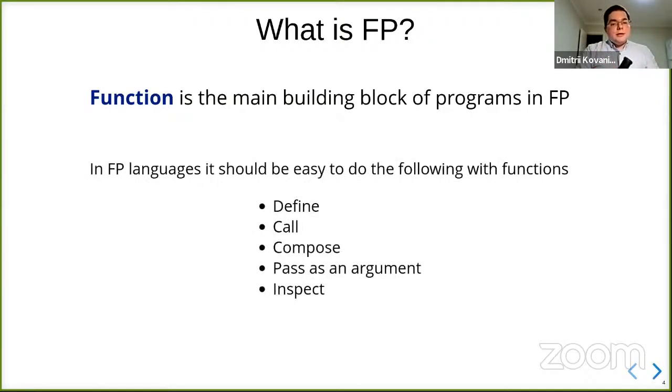What it means is that in functional programming languages, it should be as easy as possible to create new functions, to call functions, to combine them, to compose them, to define new functions using existing functions. You can use functions as arguments to other functions. You can inspect functions, basically do everything with them. Unlike object-oriented programming languages, where it's easier to work with objects. So in OOP it should be easy to create objects, but in FP, it should be easier to work with functions.